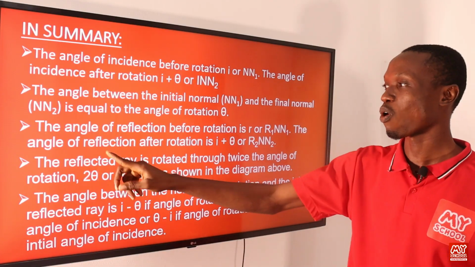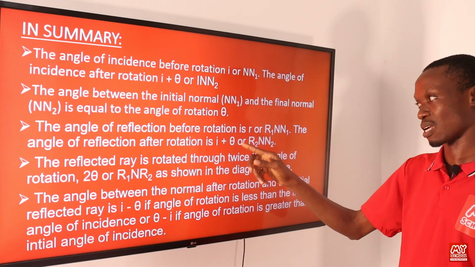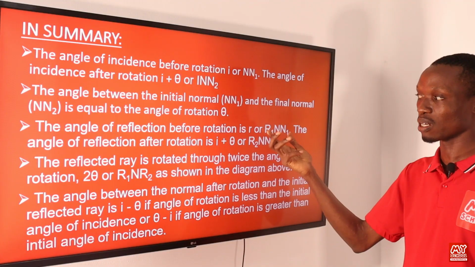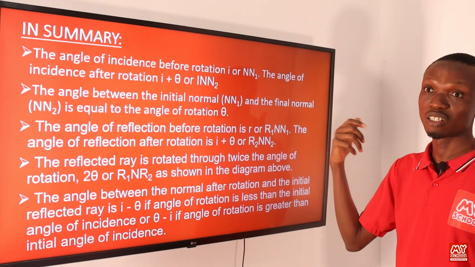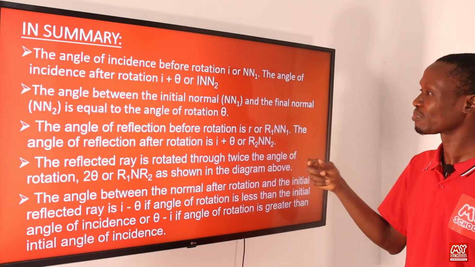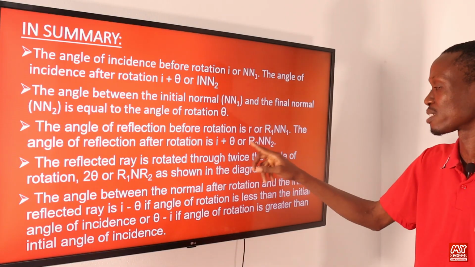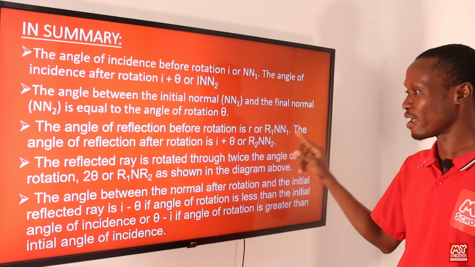Now the angle of reflection after rotation is i plus theta. Of course, this is in accordance with the second law of reflection, right? And that is arrow 2 N N2.